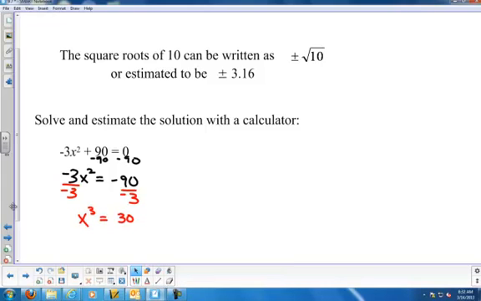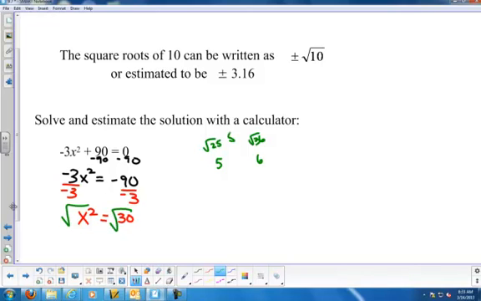So, whoa, I have an x cubed. Okay. So when you take the square root of both sides, before you just type that in your calculator, let's kind of think. The square root of 25 is 5. The square root of 36 is 6.